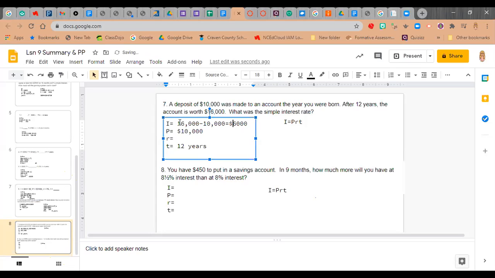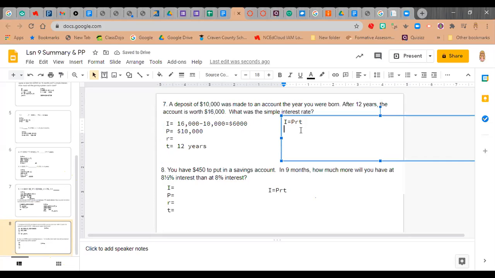Okay, questions on that? All right, so now it's just a matter of plugging in what we know. So we've got 6,000 equals 10,000 times the rate, which we don't know, times the time, which we know is 12.